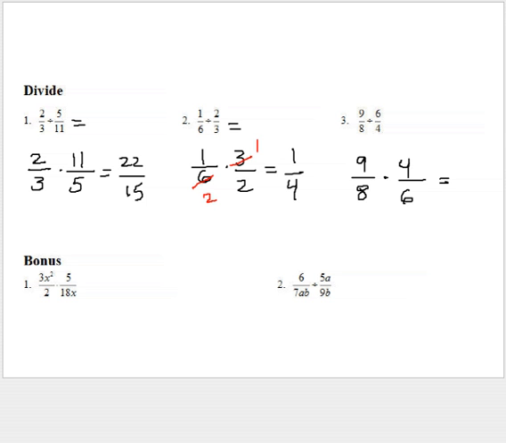Okay, let's take a look at this. We can reduce this. So 4 and 8, if I reduce them, that becomes 1, that becomes 2.